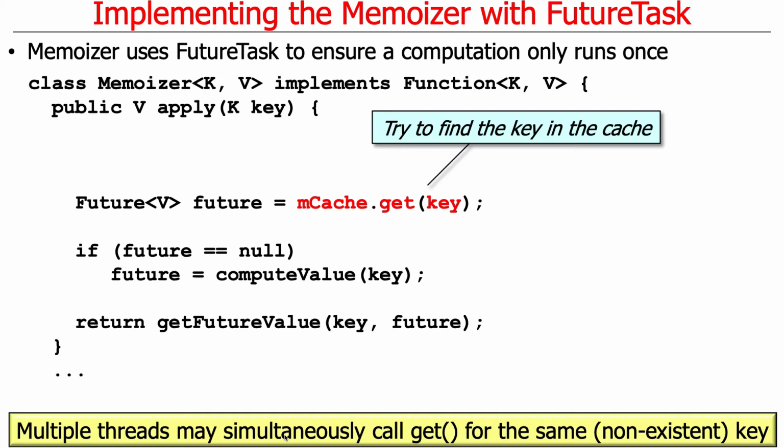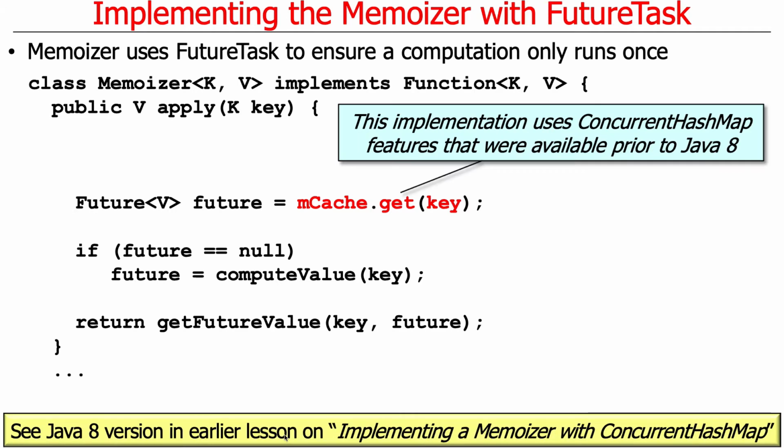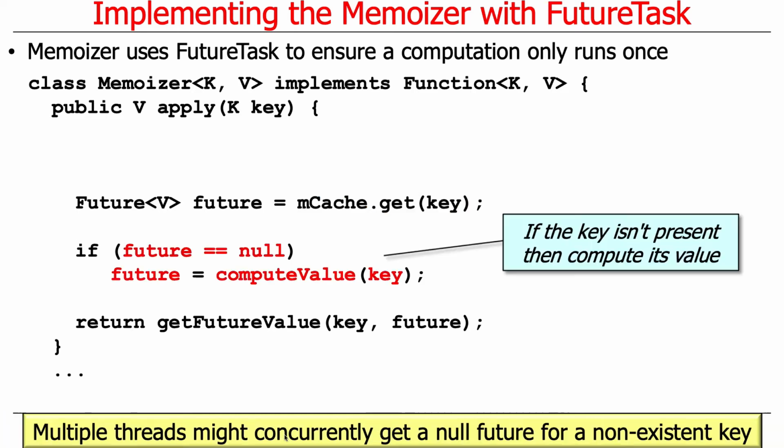We go and we call get, which efficiently goes and looks up and says, hey, is this key associated with an existing value in the ConcurrentHashMap? And we get back a result. Now, again, keep in mind, this is the earlier versions of ConcurrentHashMap. What will happen in this case is it'll return a future, and if this is the first time we've gone to check to see whether or not there's a value associated with the key, then we're going to get back a null.